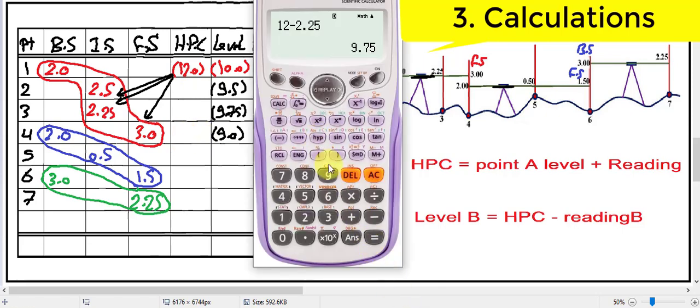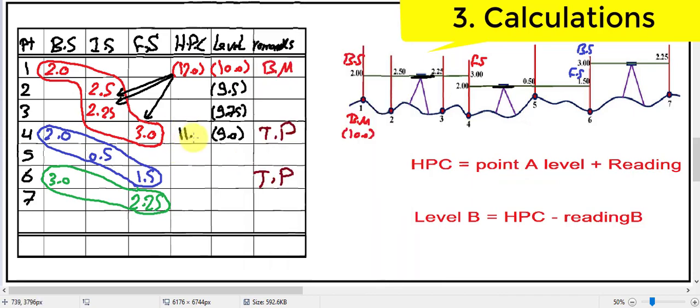So the HBC here will be, using this equation, 9 plus 2 meters, which will equal 11 meters. 11 minus 0.5 will be 10.5. 11 minus 1.5 will be 9.5 meters.